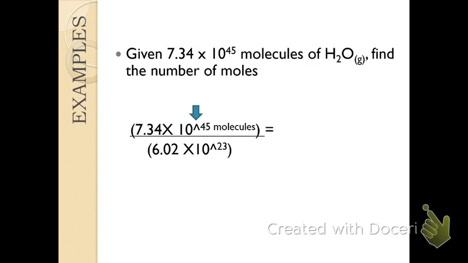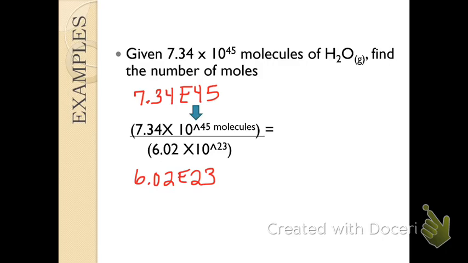If you're going to use the E key, this is going to be 7.34 E45, no parentheses is necessary, divided by 6.02 E23. Again, no parentheses is necessary. So clear your calculator. If you're using the E key, 7.34 E45 divided by 6.02 E23 equals.